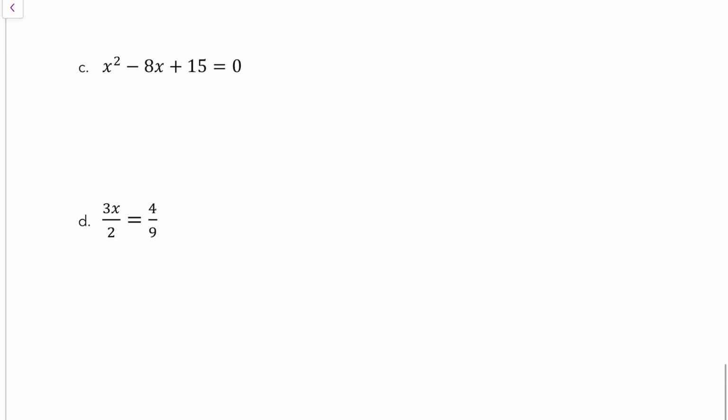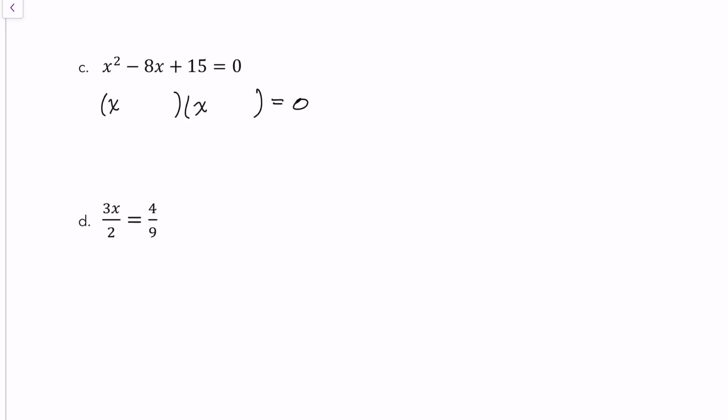All right, so for problem C, there are two ways you can do this problem. You can either factor that polynomial into a product of two simpler polynomials, or you can use the quadratic formula. In this case, I'm just going to factor this polynomial into a product of two monomials, because all we have to find is two numbers that when multiplied equal 15, and when added equal negative 8.